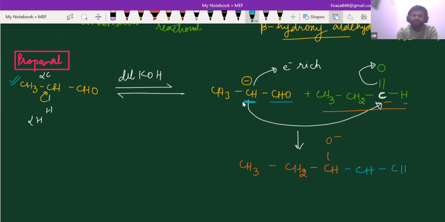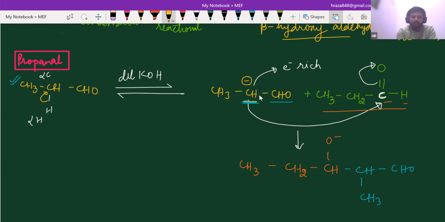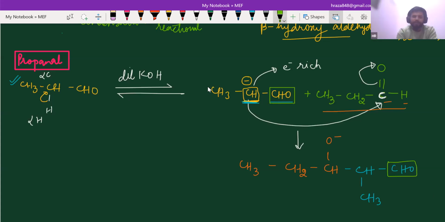And on the left side of this CH negative, there is CH3, so I'm going to write CH3. You can see now this CH has two parts. This CHO, so I wrote it CHO here, and there was CH3.